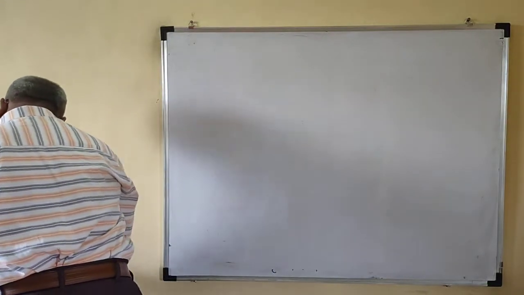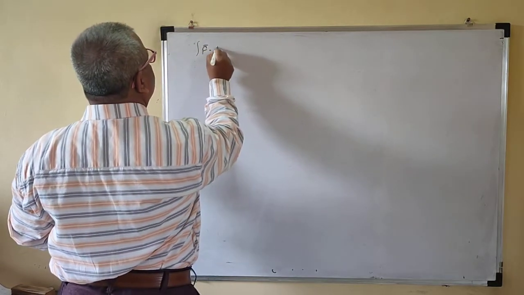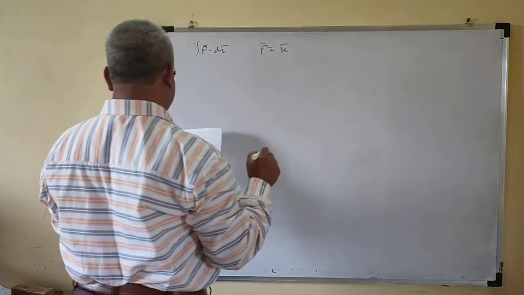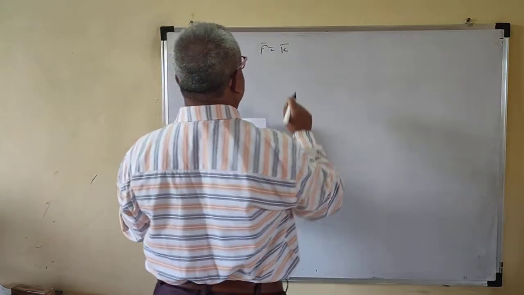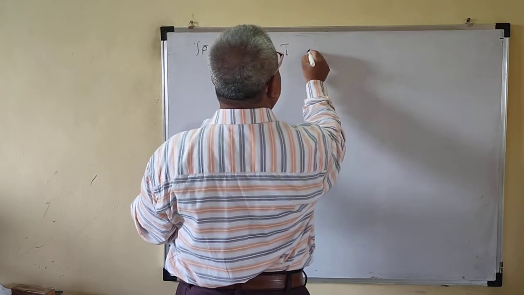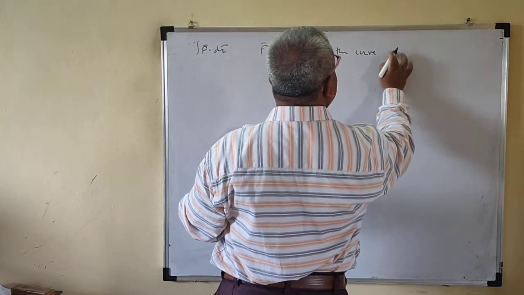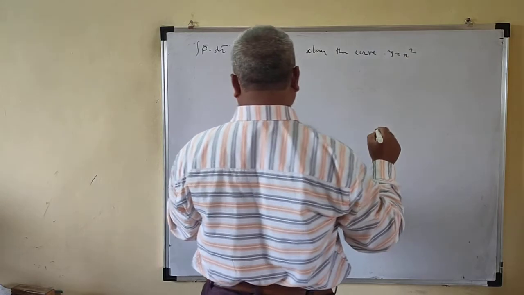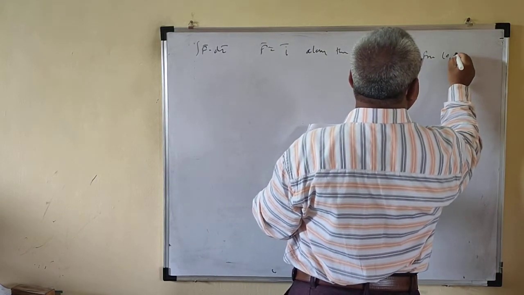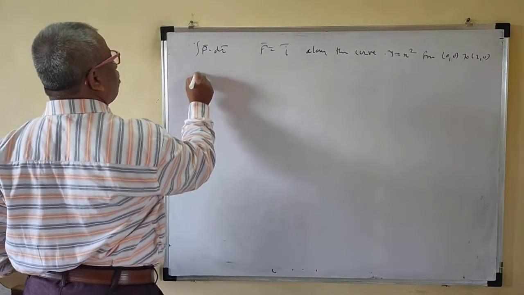So integral of f bar dot dr bar, suppose f bar is i bar, along the curve y is equal to x square from (0, 0) to (2, 0)... Okay, so what is your f bar dot dr bar?